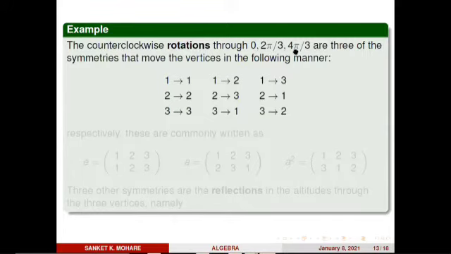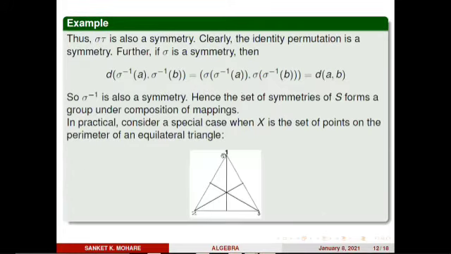Now at 4 pi by 3. So 4 pi by 3 is equivalent to what? If I rotate 4 pi by 3, this is 60, this is 60, this is 60, this is 60. So 1 goes to where? 4 pi by 3 means 240 degrees. Now at 60 degrees it comes to 3, at 120 degrees it comes to 2, at 180 degrees it comes back to the original place 1, and at 240 degrees it comes to 3.